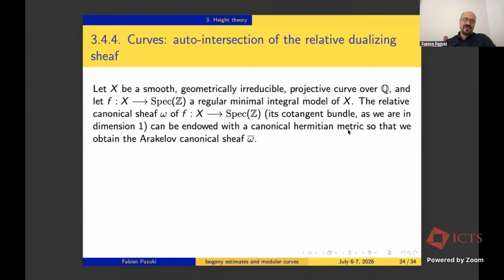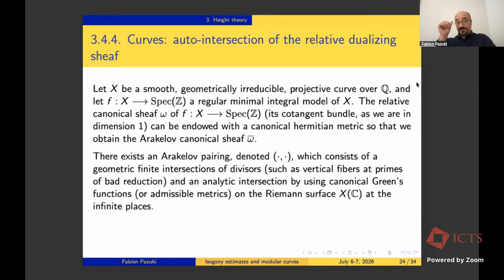Actually, we've seen a metric of that shape. You remember this integral with S wedge S bar. So it's very close to the ideas that were used to cook up the Arakelov degree, in fact. You can do that on the regular minimal integral model of X. And now you have the Arakelov canonical sheaf, very close to what we've done.